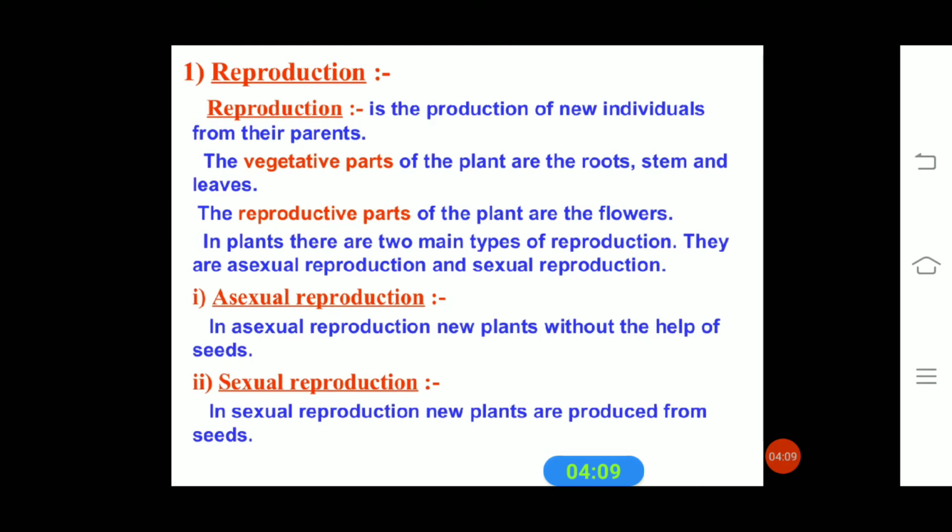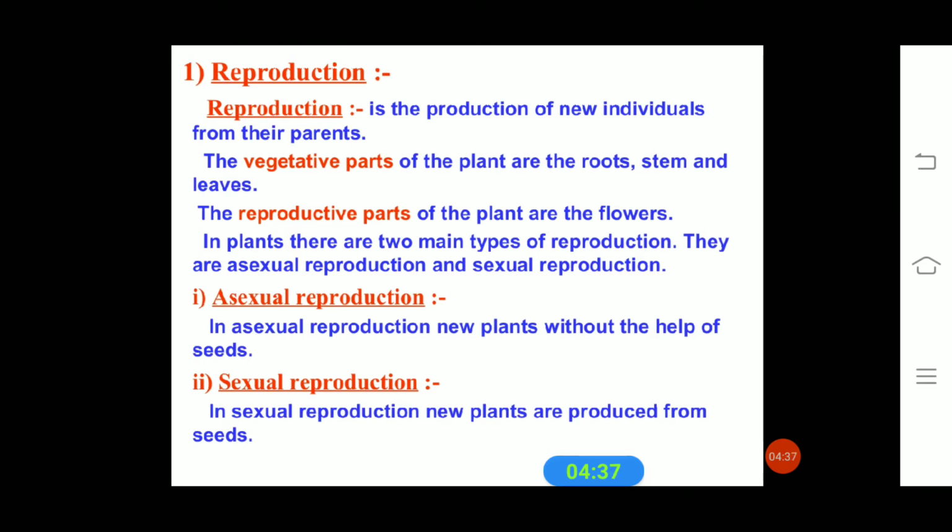These male and female reproductive cells collectively are called what? Gametes. In the process of sexual reproduction, a male and a female gamete fuse. Fuse means join together to form a single cell, which we call what? Zygote.